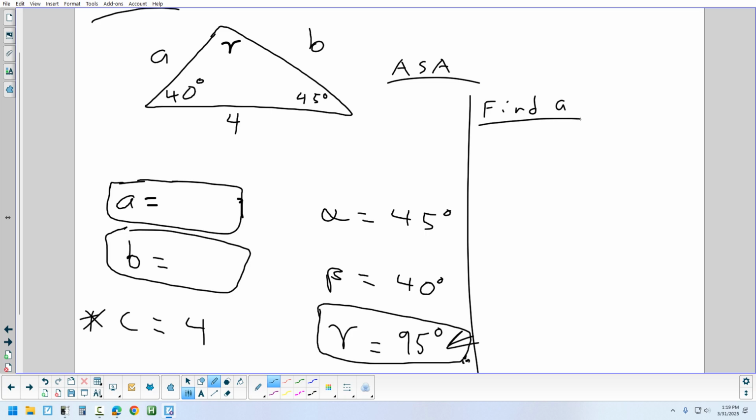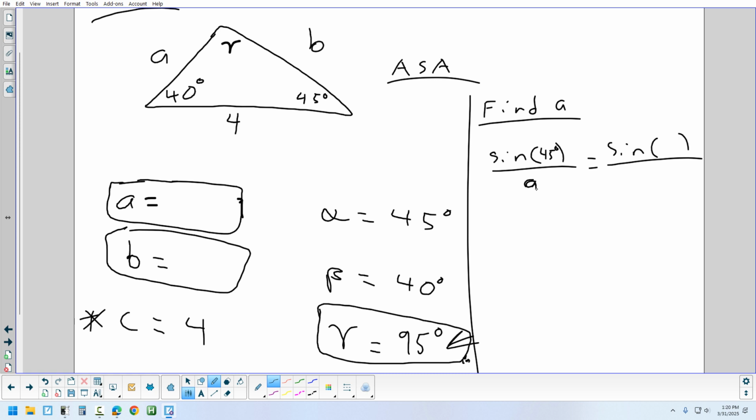Okay, so first thing you can do, set up your fractions. Sine alpha over A. Yep. And if we're going to find A, we definitely have to use that. So sine alpha over A. Technically, it doesn't matter which side you put that on. You can put sine 45 over A on the left or on the right.